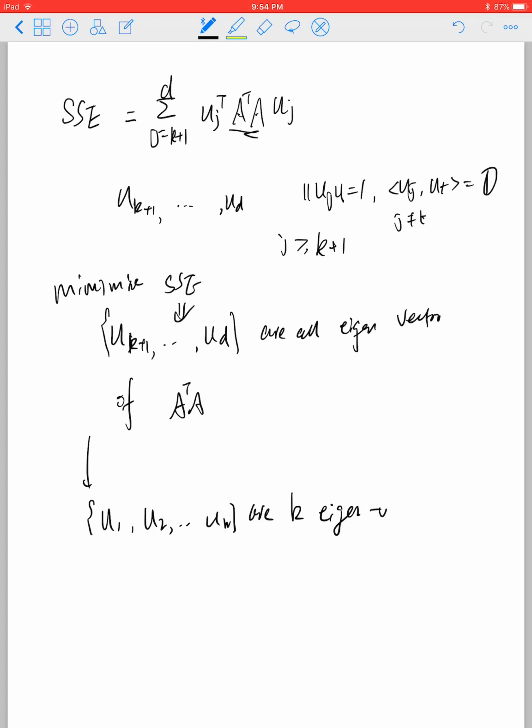You can derive this. This is pretty straightforward if you just apply the Lagrange multipliers here to solve Uj.